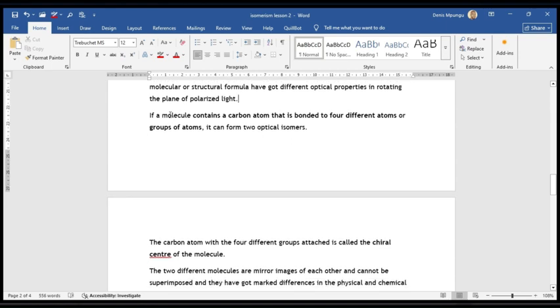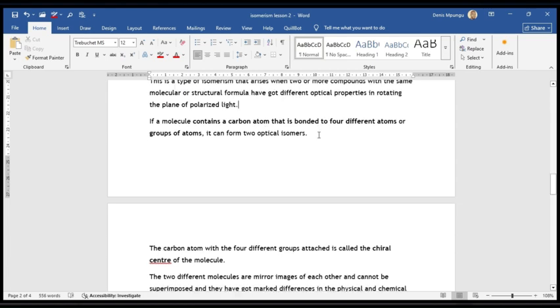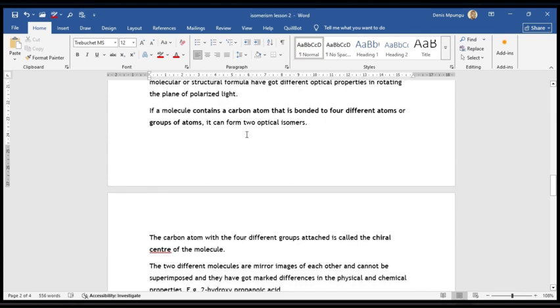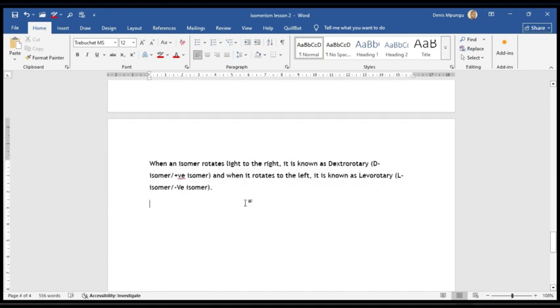So let me read this text. If a molecule contains a carbon atom, but how do they come about? There has to be a carbon atom which is surrounded by four other different atoms or group of atoms. Let me illustrate what I mean. So for it to be possible, there has to be groups of atoms or atoms.